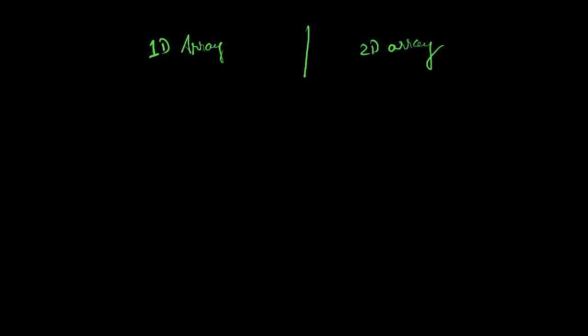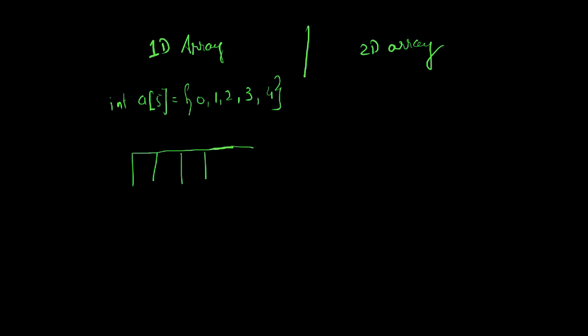When I want to declare a one-dimensional array, I'll write int a of 5 and give values as 0, 1, 2, 3 and 4. So here I draw a one-dimensional array with 5 different elements.